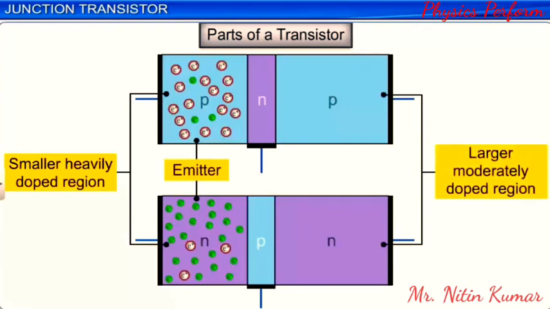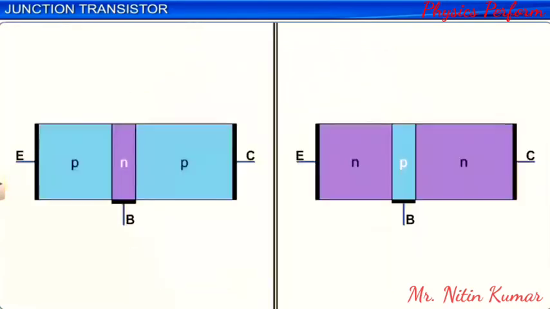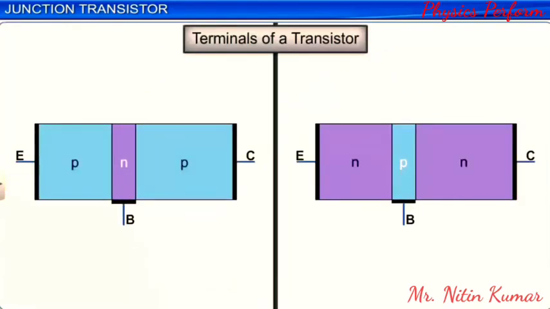The collector collects the major portion of the majority charge carriers provided by the emitter. The thin, lightly doped region that separates the emitter and collector is called the base. Connecting terminals are provided for the emitter, the collector, and the base. Thus, a transistor is a three-terminal device.